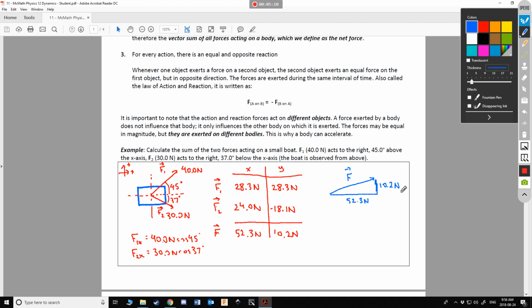We have an overall force of 53.3 newtons. And I need to find the angle theta. So inverse tan 10.2 divided by 52.3. We end up with 11.0 degrees above the horizontal.